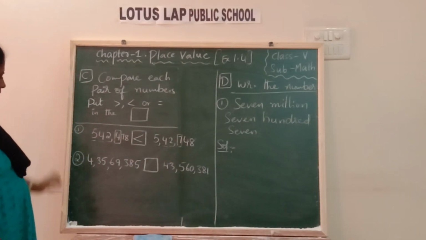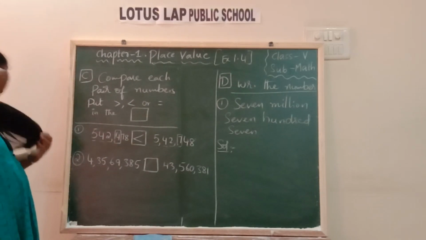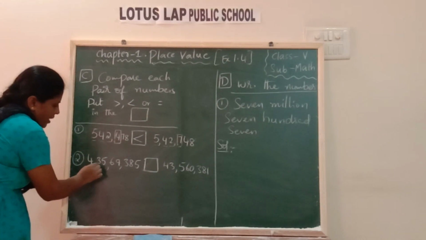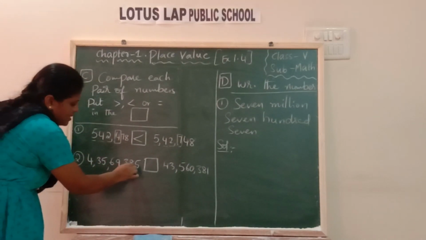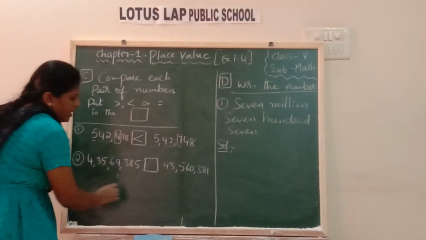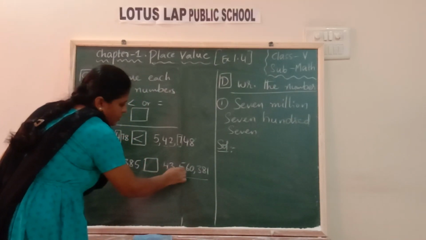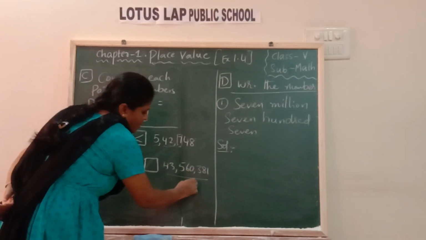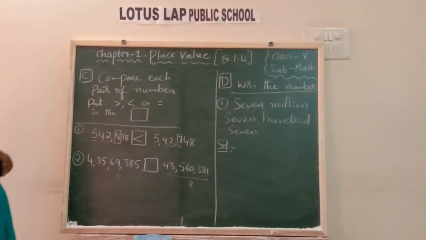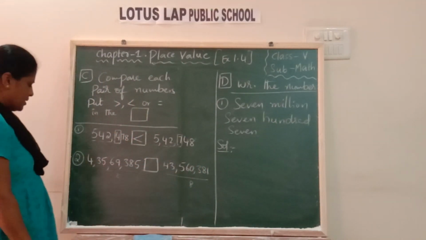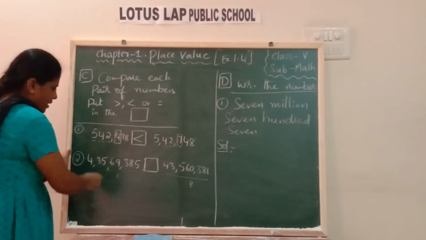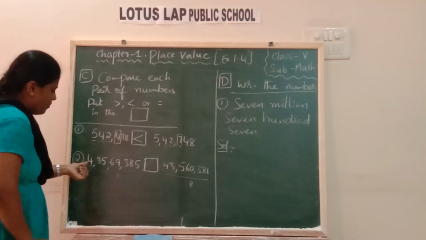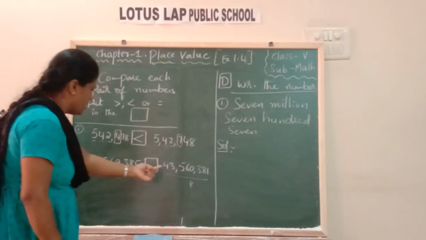Okay, children. Next, come to the second one. Here, see the number of digits. 1, 2, 3, 4, 5, 6, 7, 8. 8 digits are there. Here, 1, 2, 3, 4, 5, 6, 7, 8. Here also I have 8 digits. Okay, so now let's start comparing, children. Here I have digit 4, the leftmost digit, and here also I have 4.